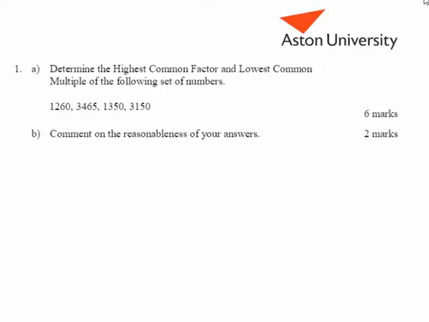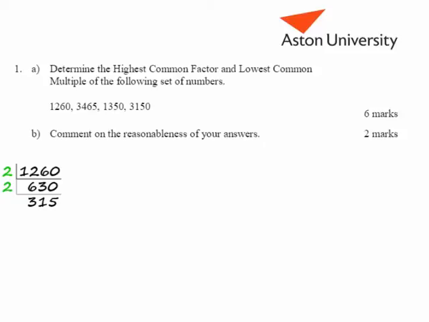So we'll start with 1260. We'll start by finding the prime factors of 1260. That's obviously divisible by 2, so we'll divide by 2 and we get 630. That's divisible by 2, so divide and we get 315.